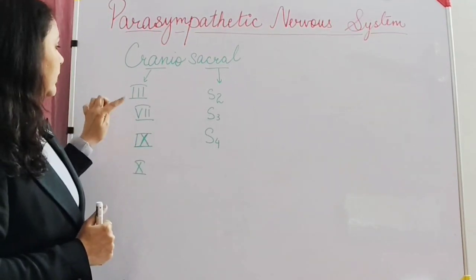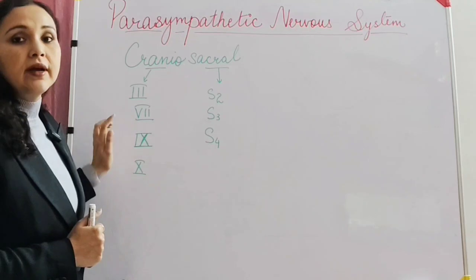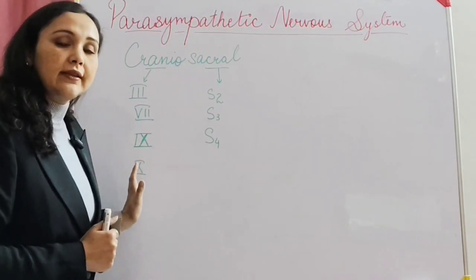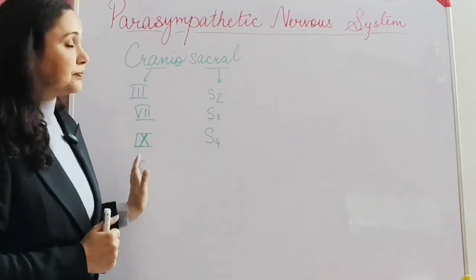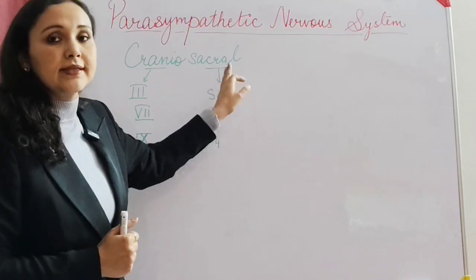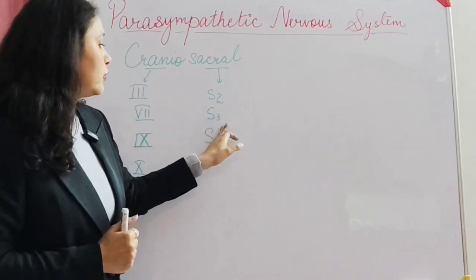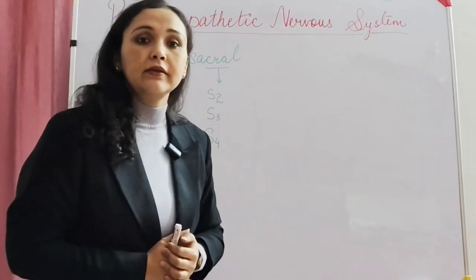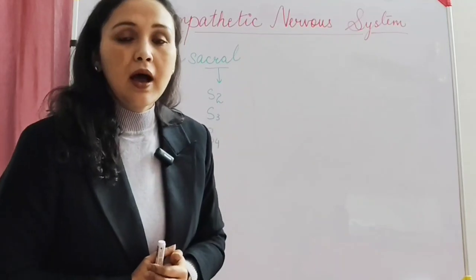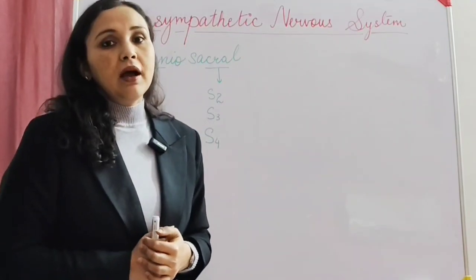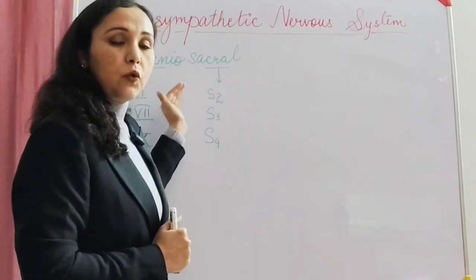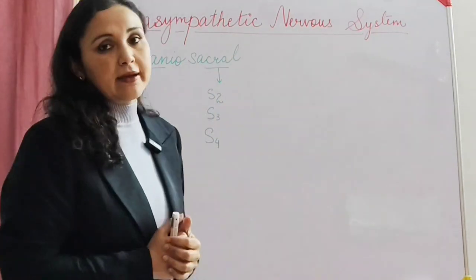The 3rd is the oculomotor nerve, the 7th is the facial nerve, the 9th is the glossopharyngeal, and the 10th one is the vagus nerve. The sacral component is along the S2, S3 and S4 spinal nerves. So this is how the parasympathetic outflow occurs via the 4 cranial nerves and the 3 spinal nerves.